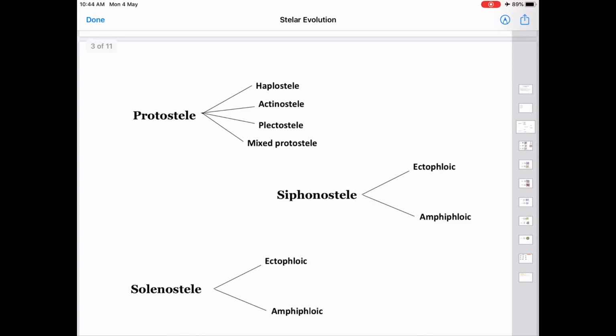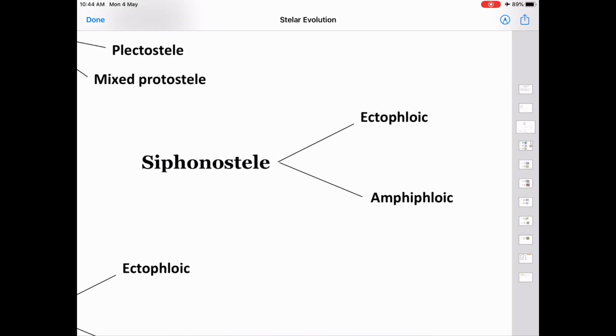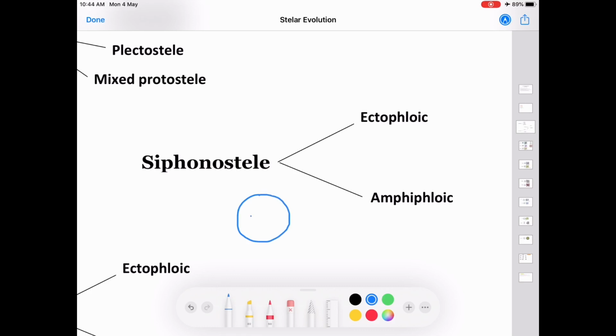Now coming to the second type of stele, the Siphonostele. The Siphonostele is a medullated protostele. Siphonostele is called a medullated protostele. That is, the central region is occupied by pith. Pith in turn is surrounded by the xylem.